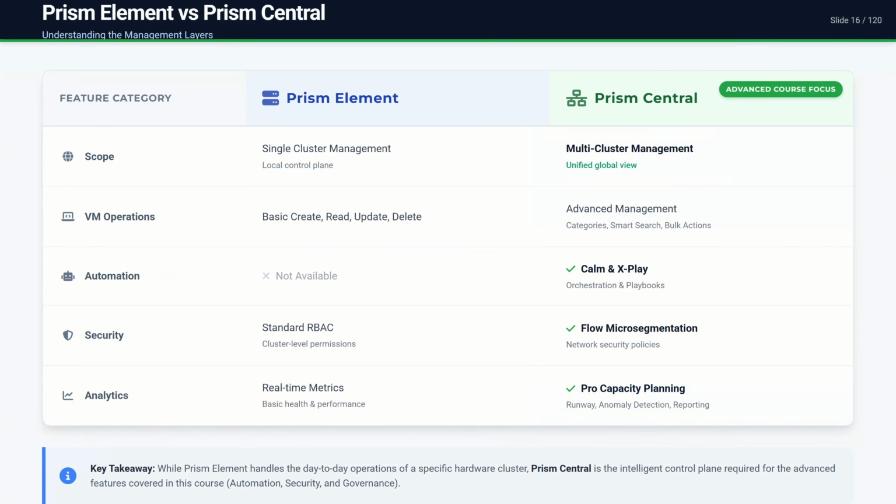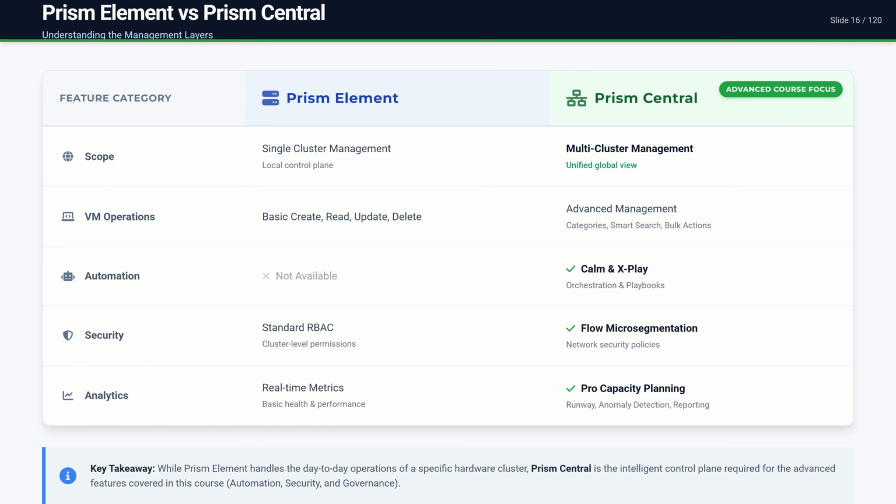Now that we have understood why Prism Central matters, let's get crystal clear on the distinction between Prism Element and Prism Central. This is one of the most common questions in Nutanix training, so let's break it down feature by feature. So starting with scope. Prism Element provides single cluster management.